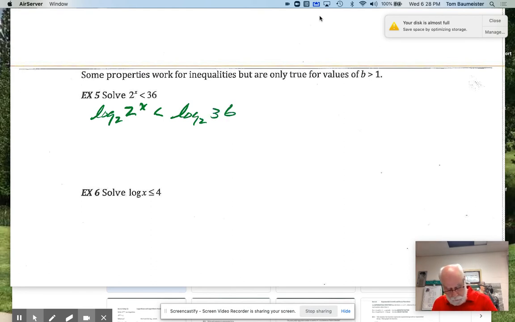And then again, like I just showed you before, those will go away. So then I'll have x is less than log to the base 2 of 36. And remember, this one here would be your exact solution.